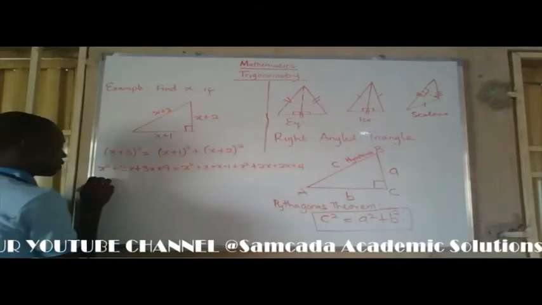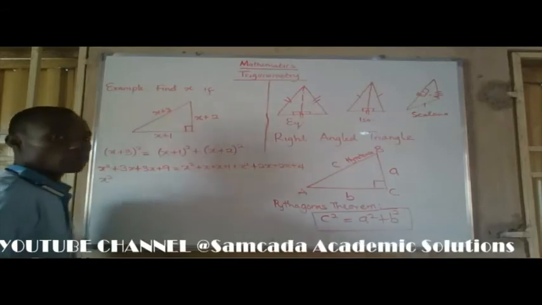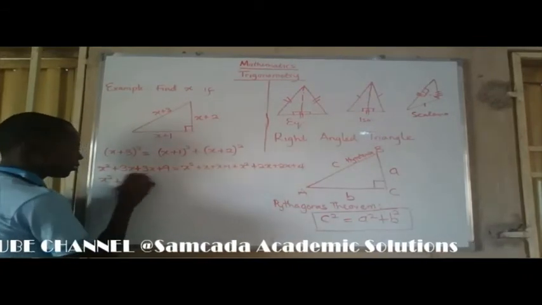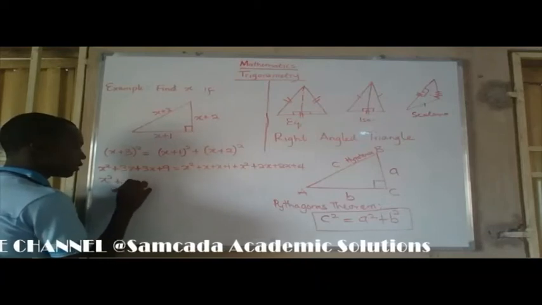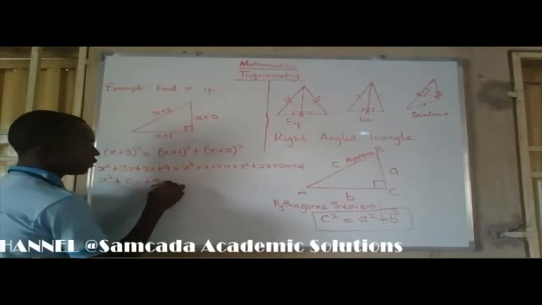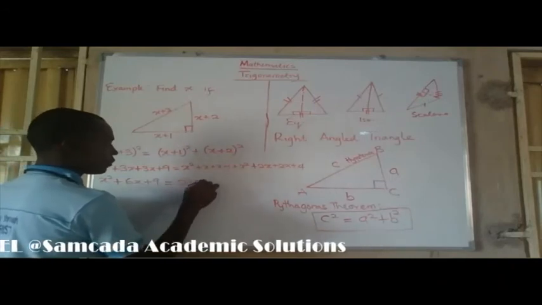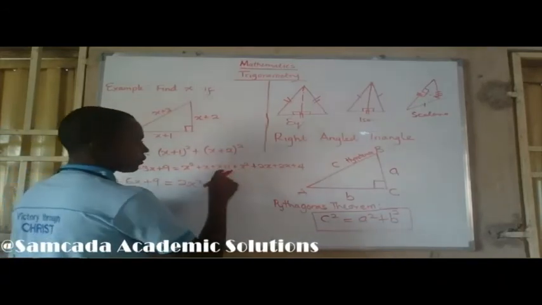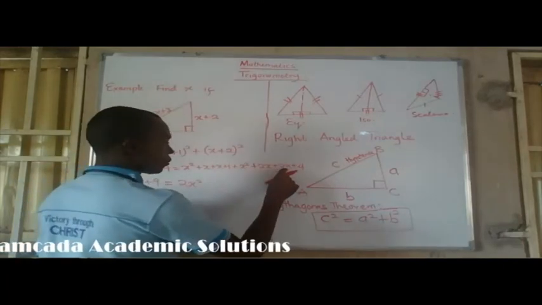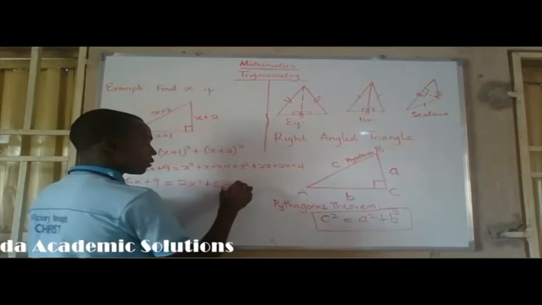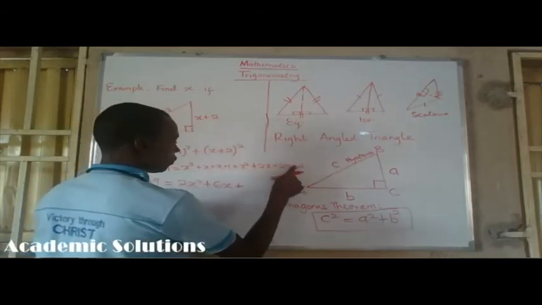So let's simplify. This becomes x squared plus 6x plus 9 is equal to x squared plus x squared is 2x squared, x plus x is 2x, plus 2x is 4x, plus 2x is 6x, plus 1 plus 4.